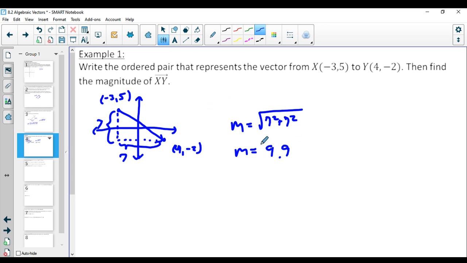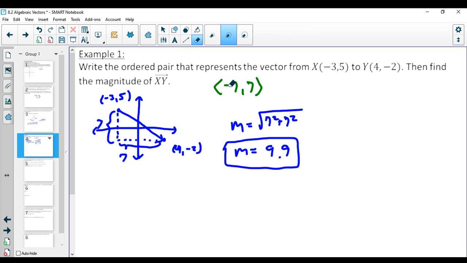Oh, we found the magnitude kind of early, right? What it also wanted is the ordered pair that represents this vector. So the ordered pair is... wait, I'm so backwards.